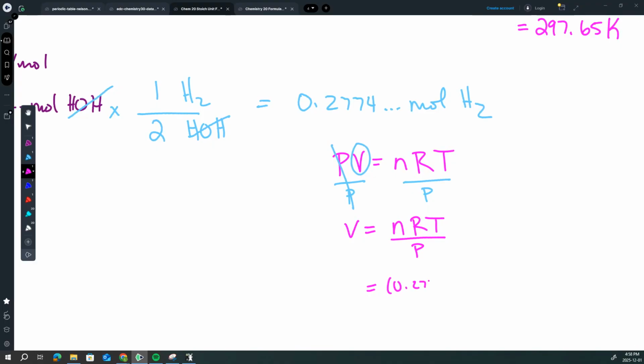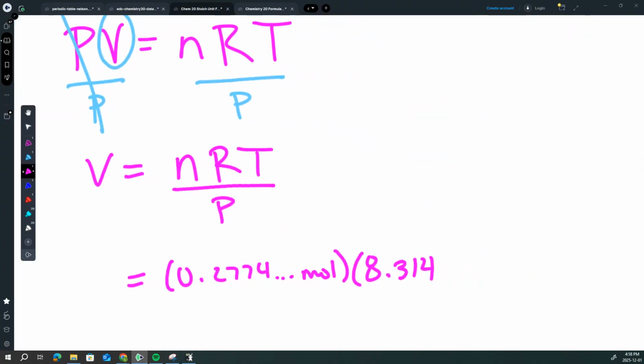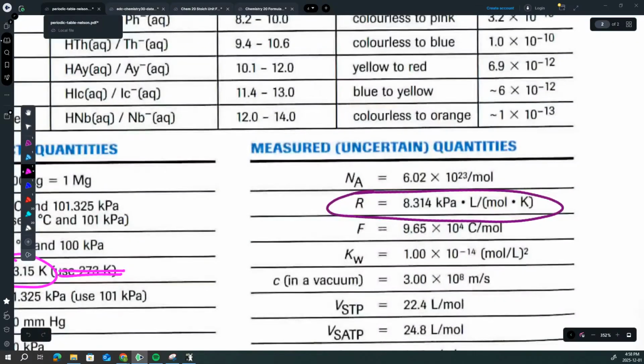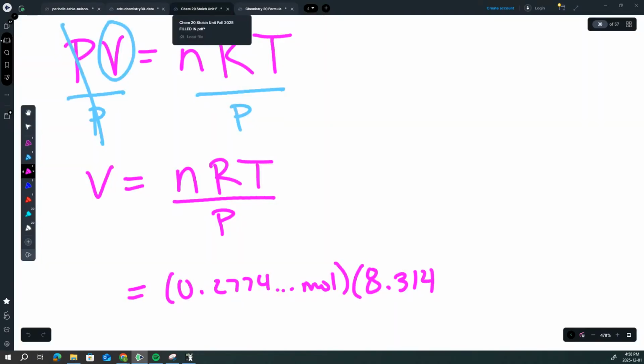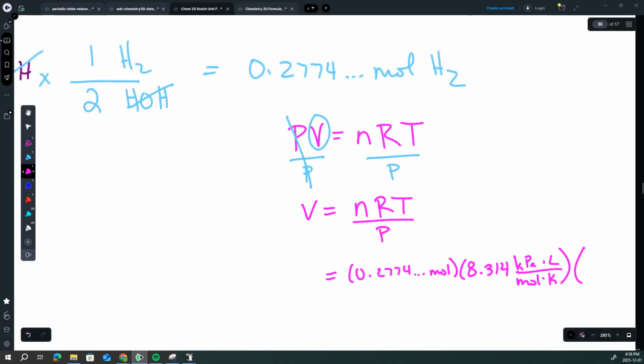So 0.2774, that goes on forever. It's moles. Then our ideal gas constant, which you can find on page 2 of the Nelson periodic table sheet, 8.314. And the units of that are going to be, I always forget them here, so let's see, kilopascal liter per mole Kelvin. Okay, temperature, what was that?